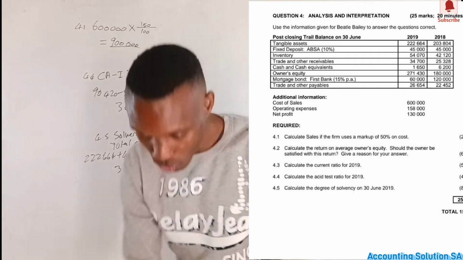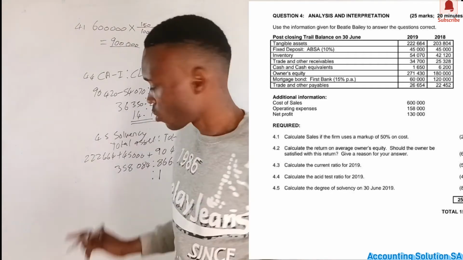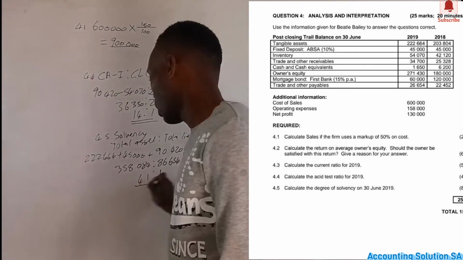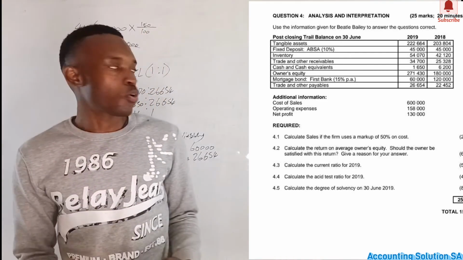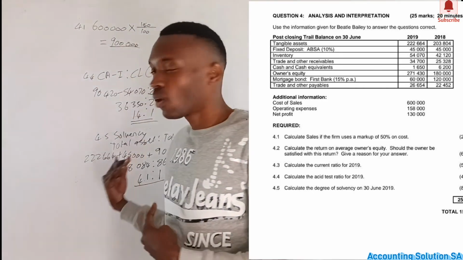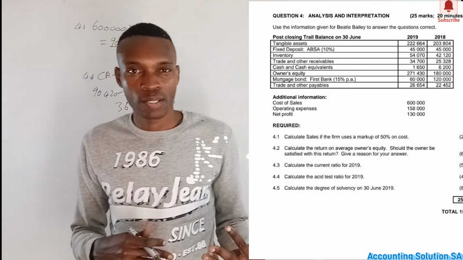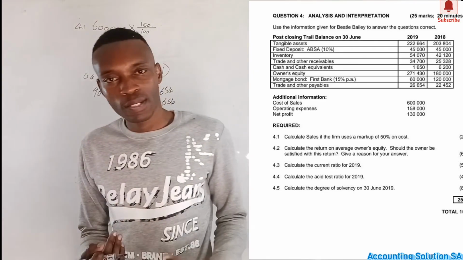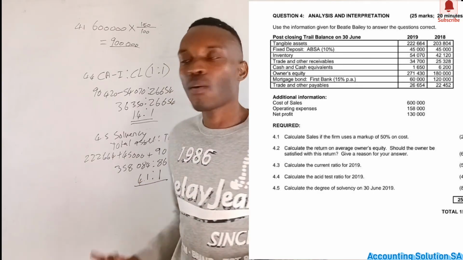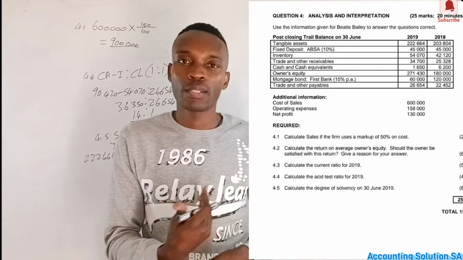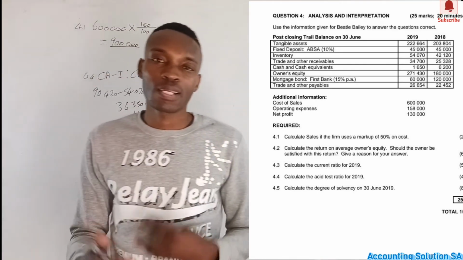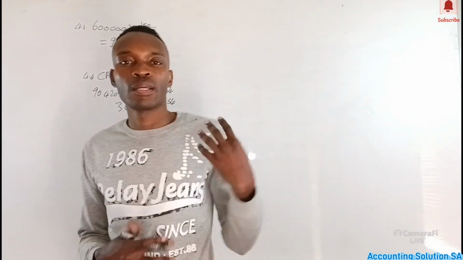The answer that we are going to get here, if you calculate, is 4:1. Now we have to comment. Are we going to be able to pay long-term liabilities, or pay liabilities as a company? Yes. As you can see, our total assets are much greater than the liabilities that we have, which means that as a company we will be able to pay liabilities.